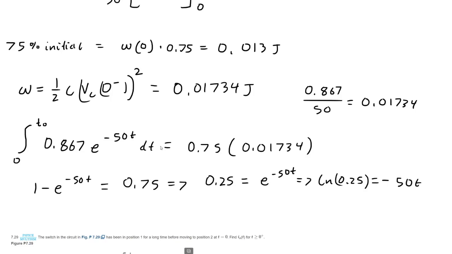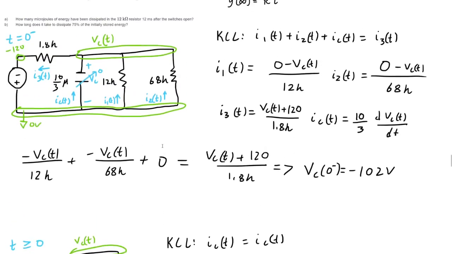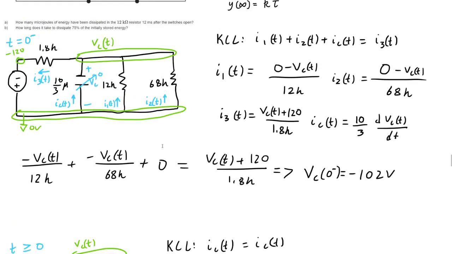So ln of 0.25 divided by negative 50, I get t equals 27.7 milliseconds. Okay. So yeah, it's a bit calculus heavy in this problem, but the analysis isn't too bad. You can even use a voltage divider if you wanted to find the v_C at 0 minus.